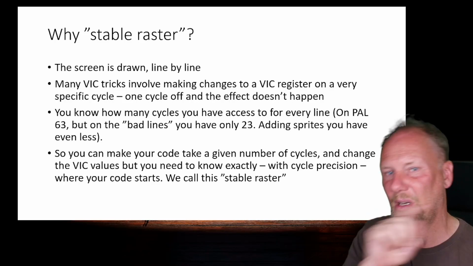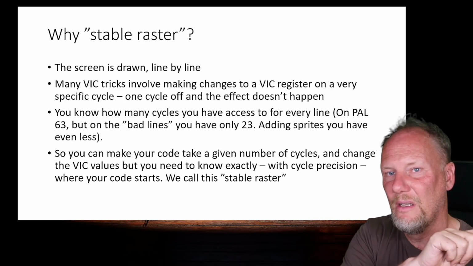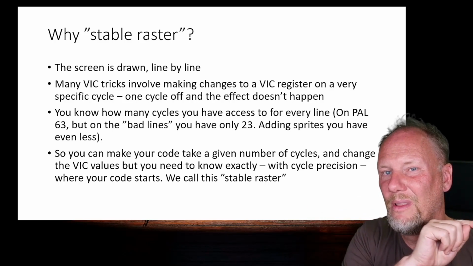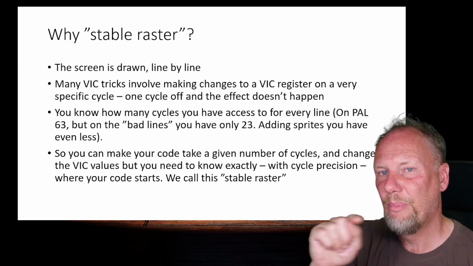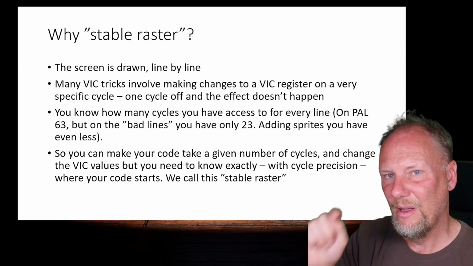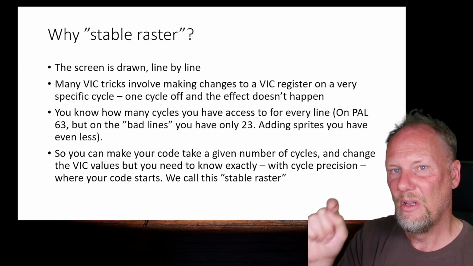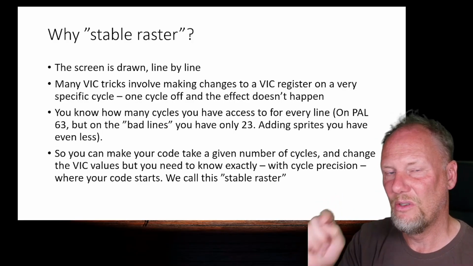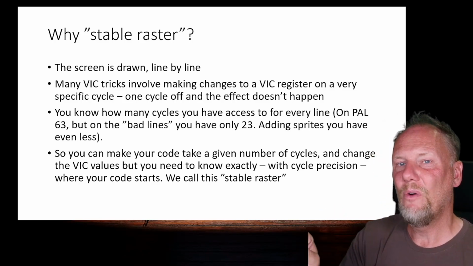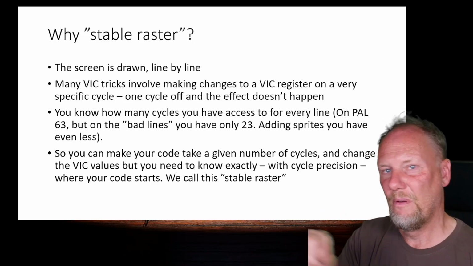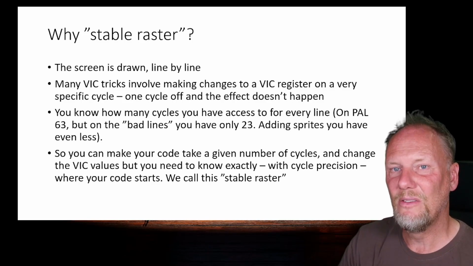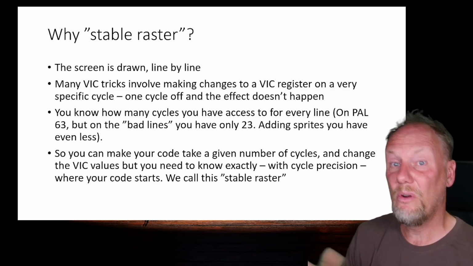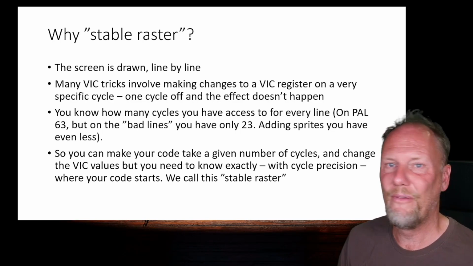If you think of it like drawing, when the raster beam is at a very specific point on the screen, you need to apply that change to the VIC register just there. If you are one cycle off, before or after, the effect does not happen. That's typically it, or at least it gives side effects.